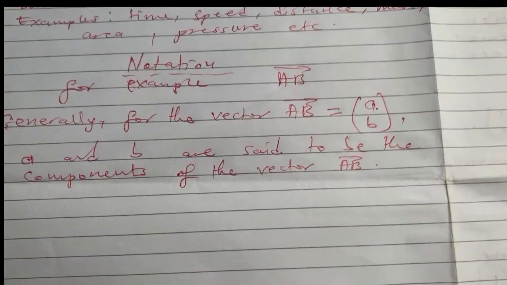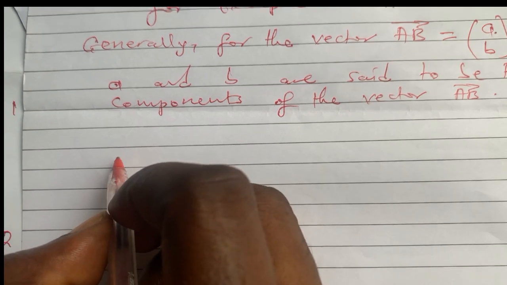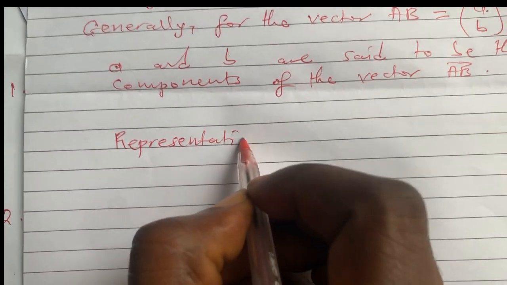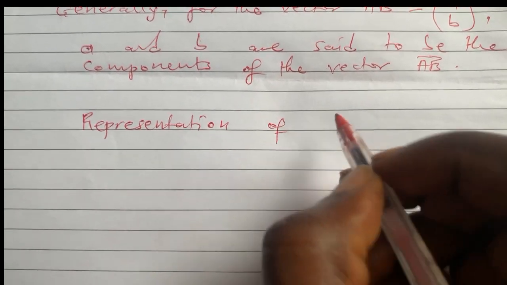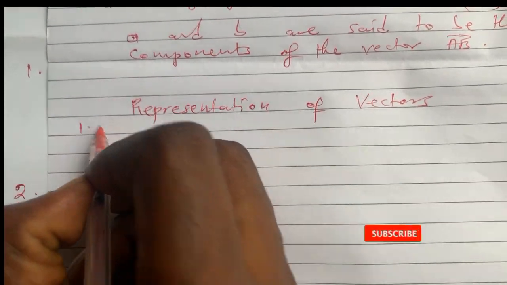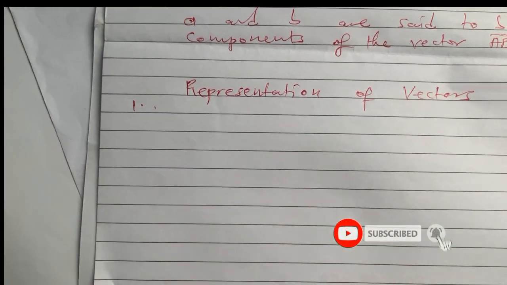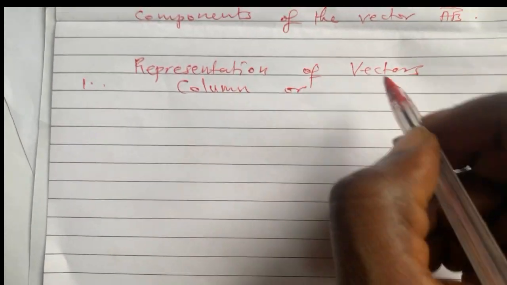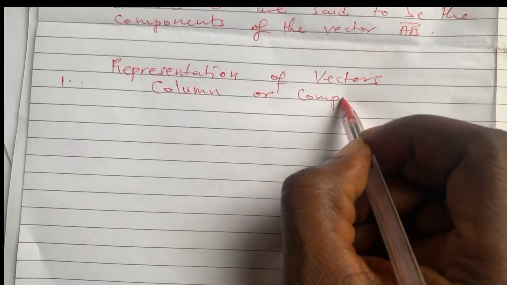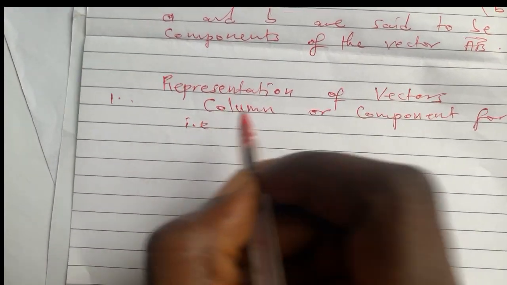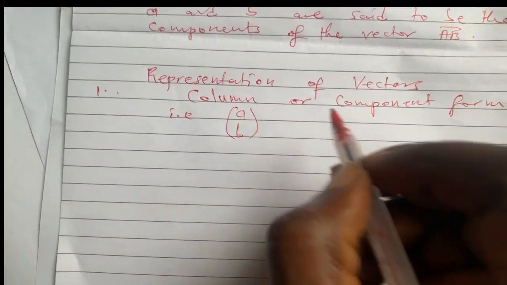Having talked about the notation of vectors, let us also look at the representation of vectors. In the representation of vectors, we have the column or component form, that is (a, b).